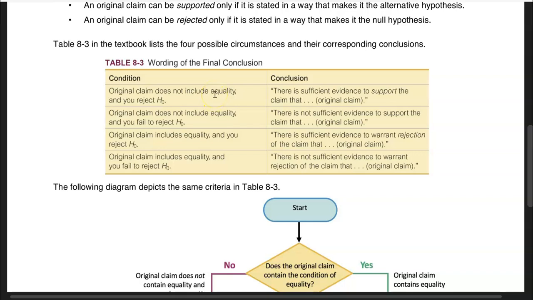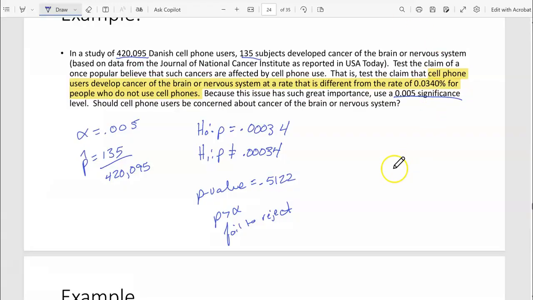An equality would have to say equal to, or greater than or equal to, or less than or equal to. It would have to have an equal to statement in it. So this does not, because it says different from, and we fail to reject. So we would say there is not sufficient evidence to support the claim that, and then insert the claim.